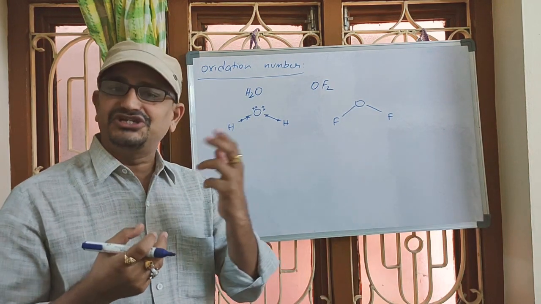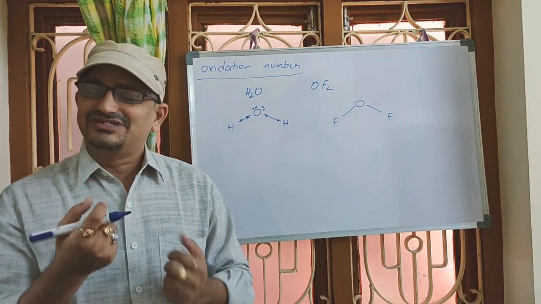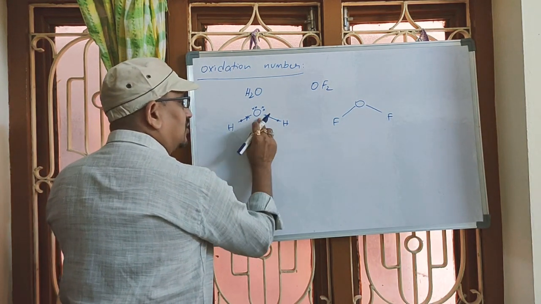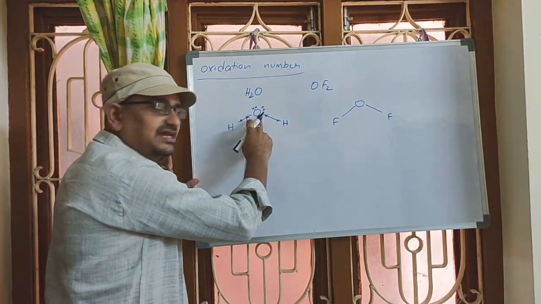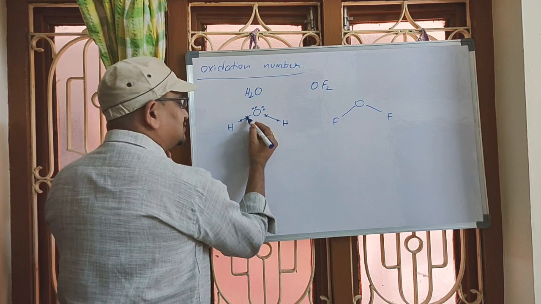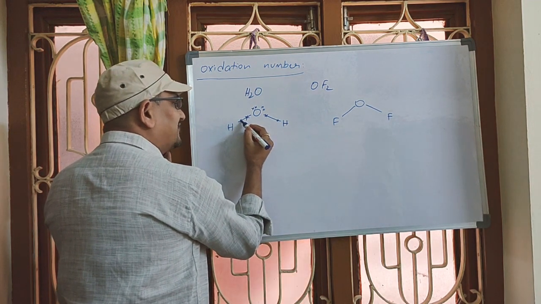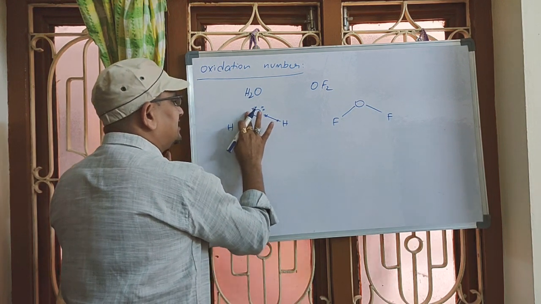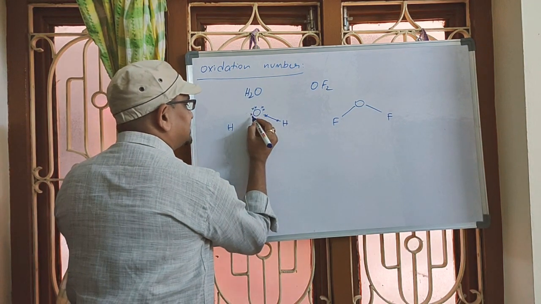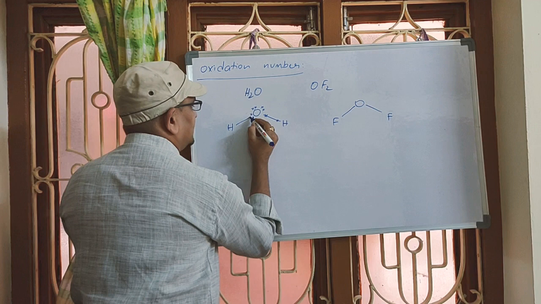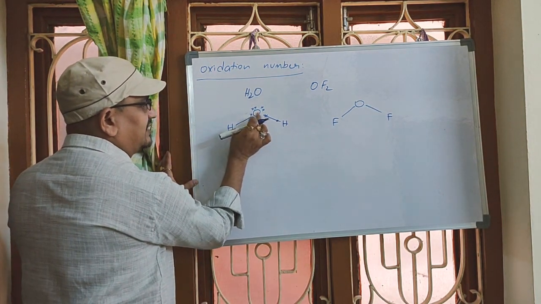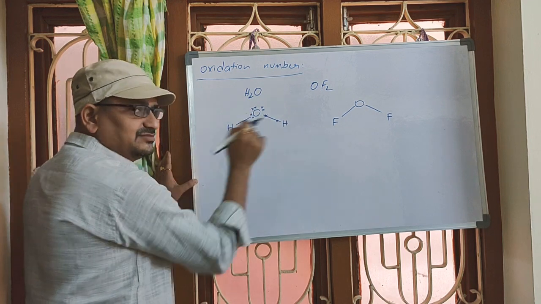Just to attract the shared pair of electrons more towards itself. Now, among these two, oxygen is more electronegative, right? So what will it do? It attracts its own electron and also that of hydrogen. So these two electrons will now be attracted towards oxygen. This is how the picture will be. Actually, we expected the electron pair to be under equal influence of both the atoms, right?